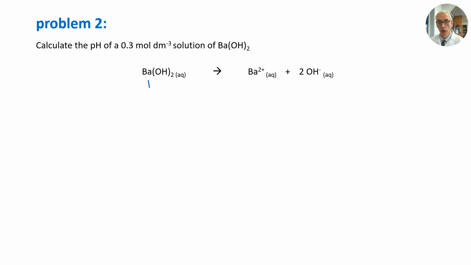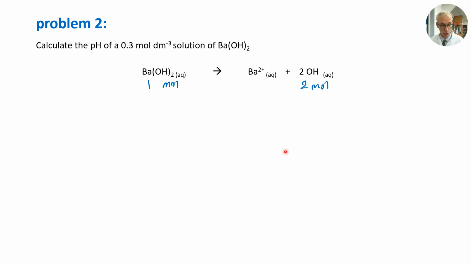So 1 mole of barium hydroxide would produce 2 moles of hydroxide ions. So you need to take that into account when you try and calculate the pH of 0.3 mole per decimeter cubed barium hydroxide. Pause, see if you can come up with the right answer, come back to check.